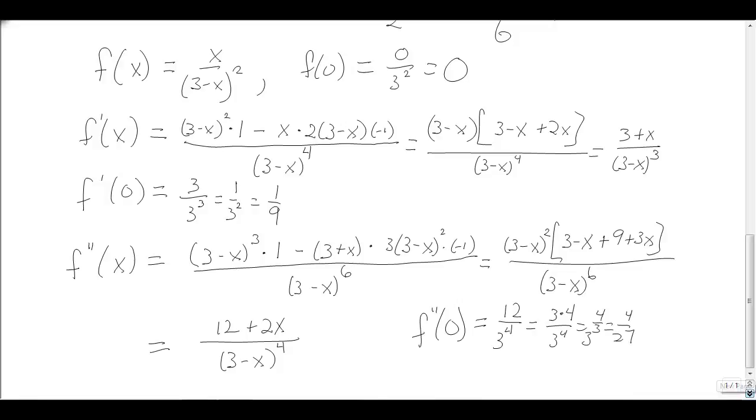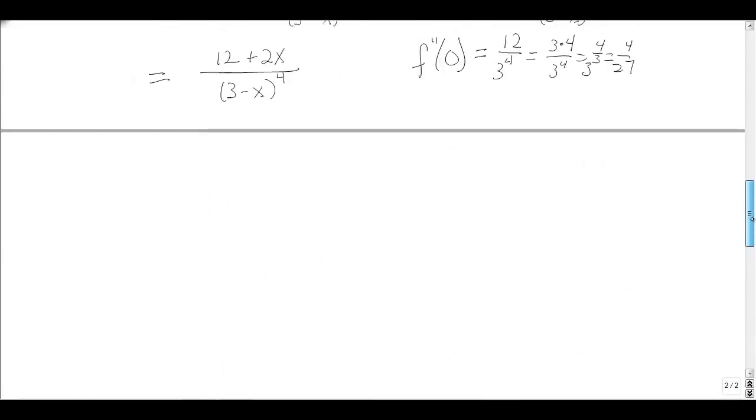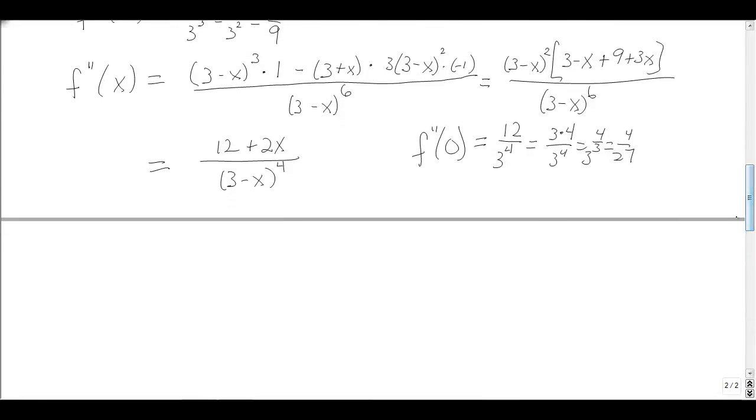All right. Now we've got to do our third derivative here. So let's see what we get. The third derivative, triple prime of x. I've got 12 plus 2x over 3 minus x to the 4th. Take its derivative.